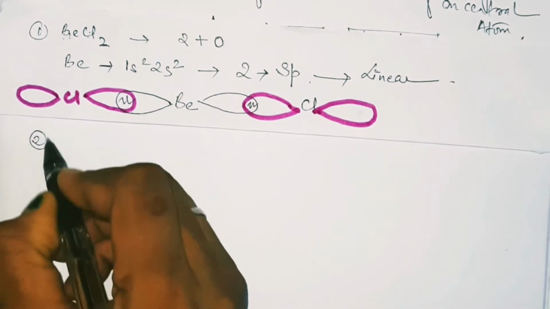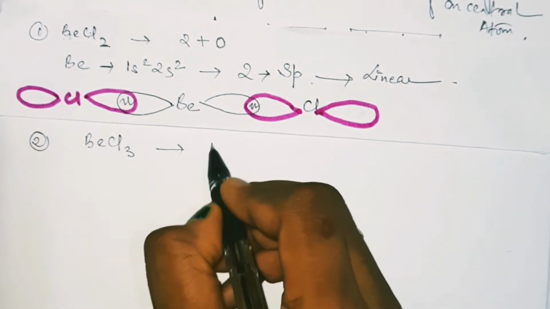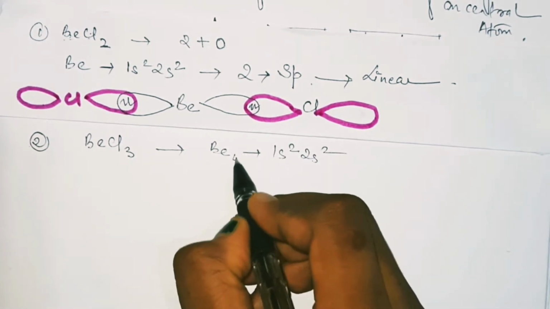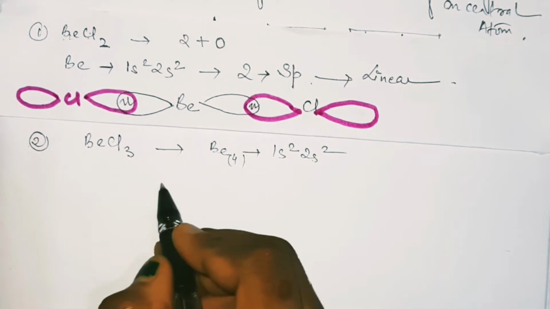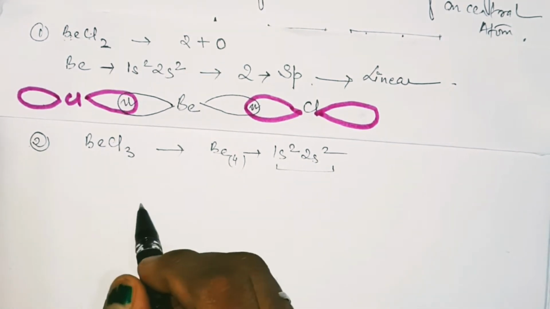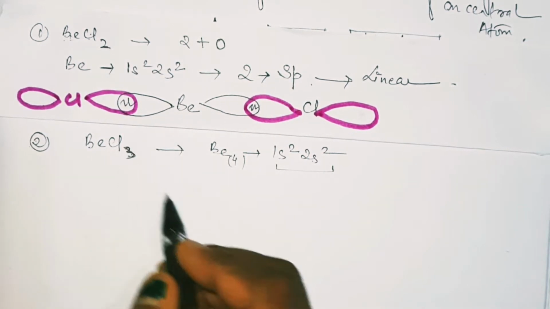Now number 2, we will go with BeCl3. Now see, again beryllium is 1s2 2s2 because its total valency is 4. Again the outermost orbitals are these only. So what will this beryllium do? Again it will bond here with 3 chlorine atoms.